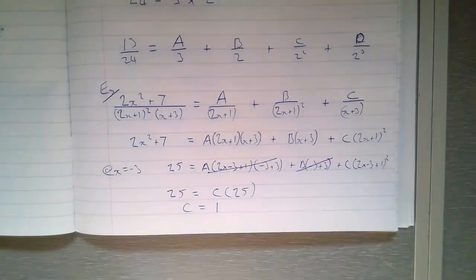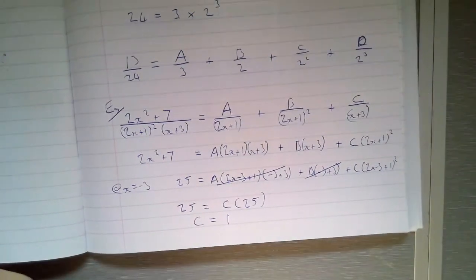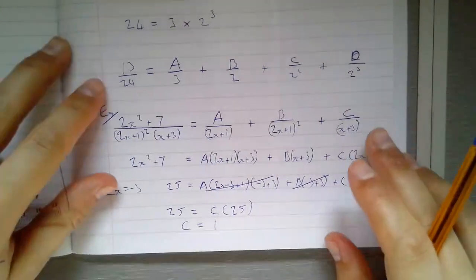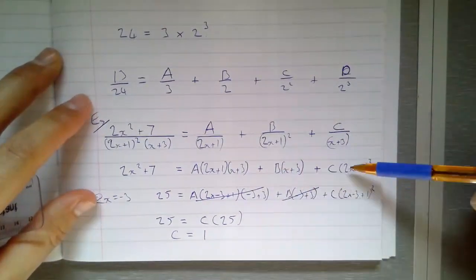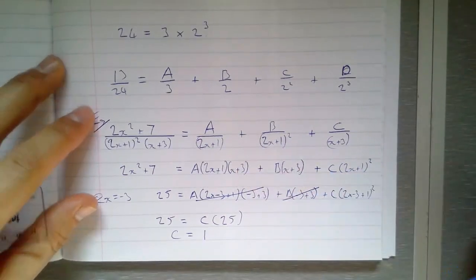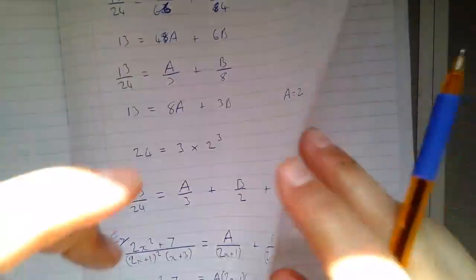So at the moment, just trying to pick my ruler up if you're wondering what all the noise is. So at the moment we've managed to get C and B, but we haven't managed to get our hands on A. And the reason why is because the things that kill B and C both kill A. So we need to use what we've found out so far.